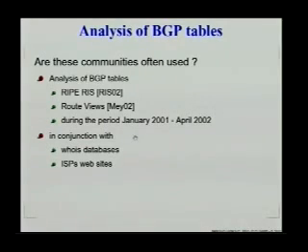We looked at tables collected during the period from January 2001 to April 2002. And we also had a look at how ASs define the communities and how they publish this information. But I'll show you that in a few slides.